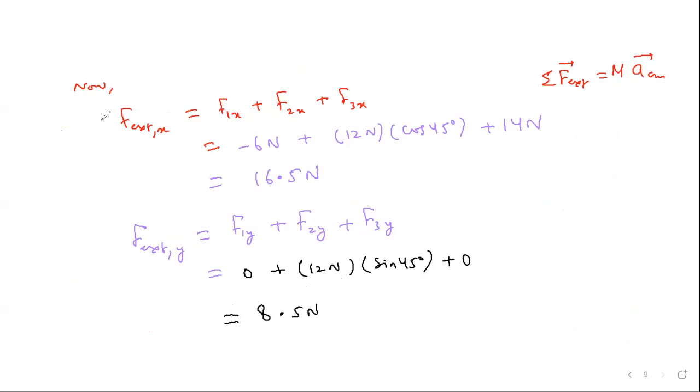So we have found x component of net external force on the system. We have found y component of the external force. We can find the magnitude. Let us move to next page.